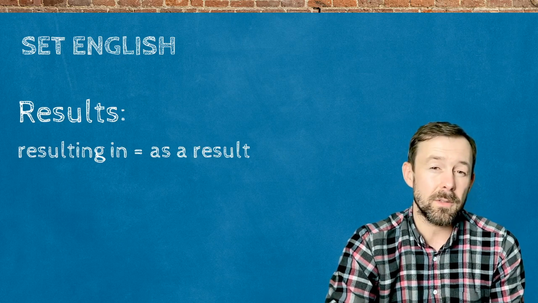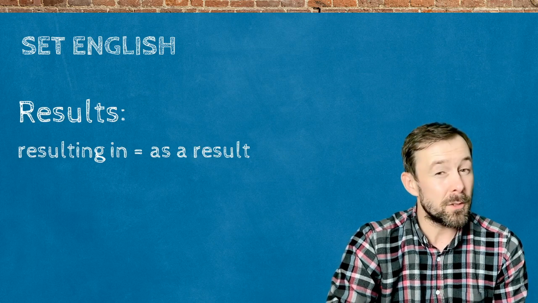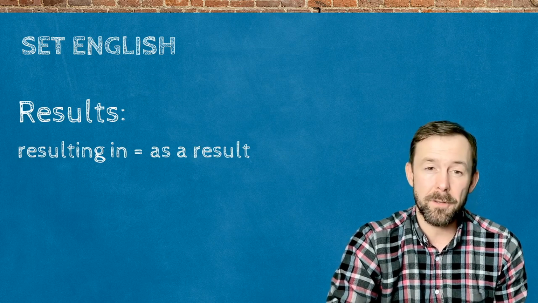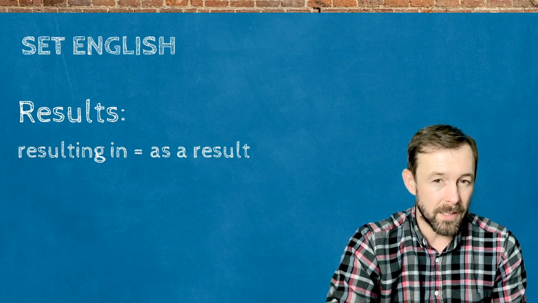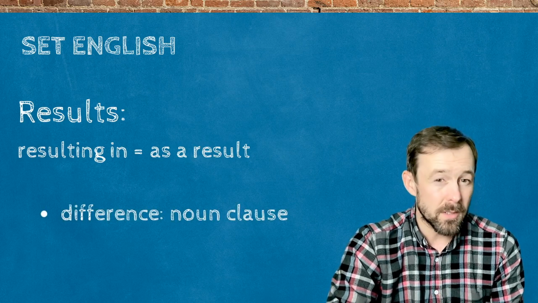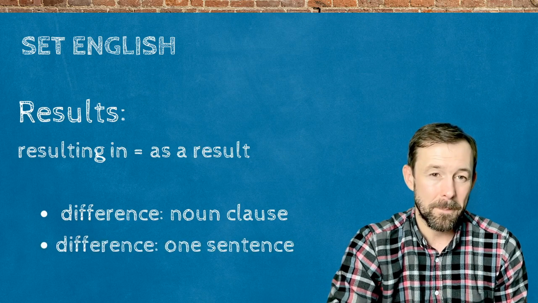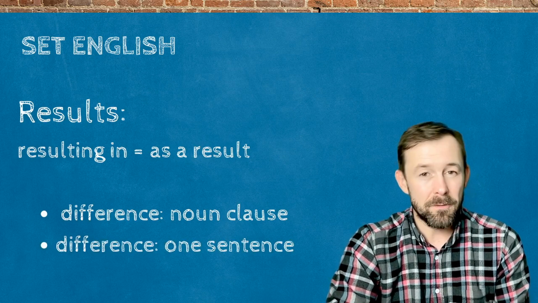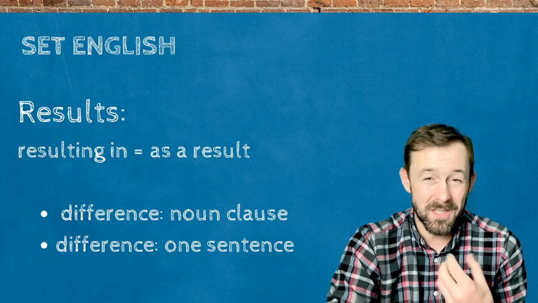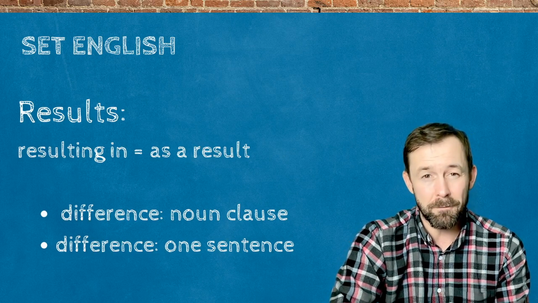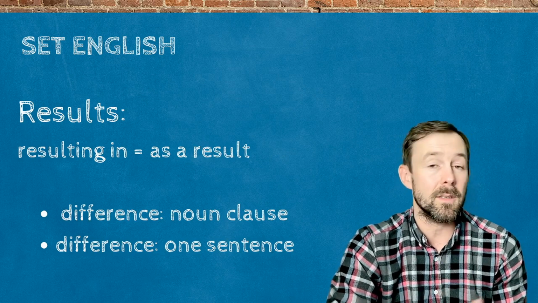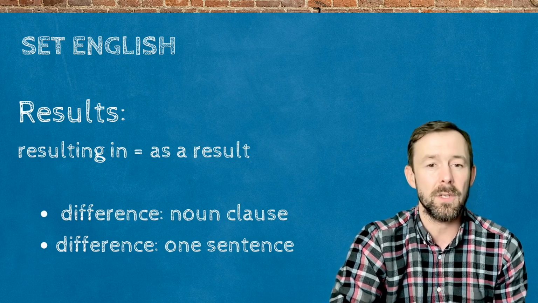Because as a result required two sentences, as a result required a verb clause, but resulting in requires a noun clause and one sentence. If you're not sure about verb clauses and noun clauses, it's something which is really good to learn, and it really influences your ability to use linkers and connect case notes together, so you should look at that.